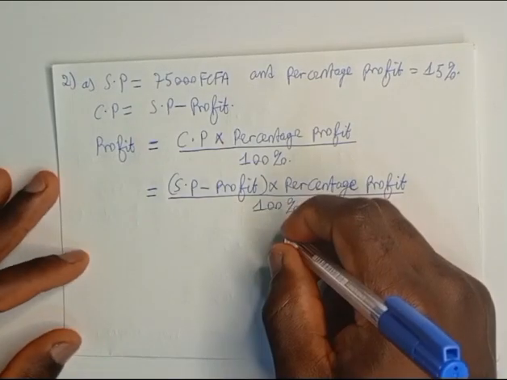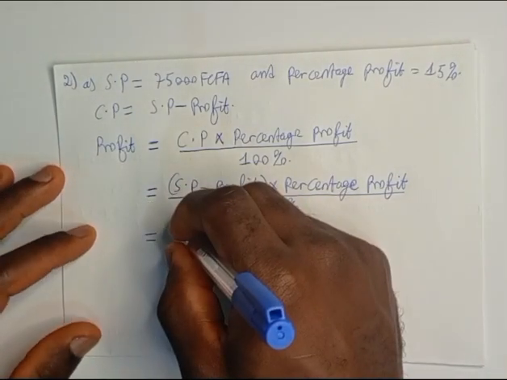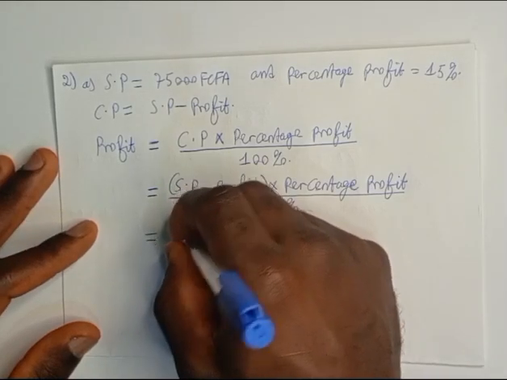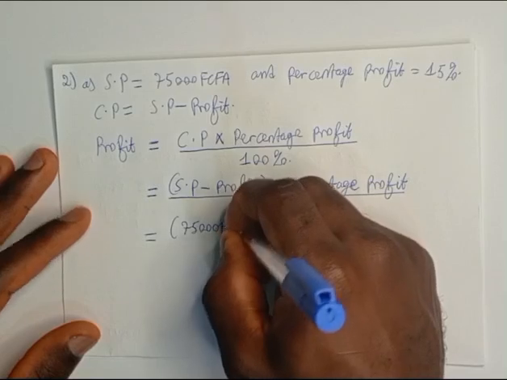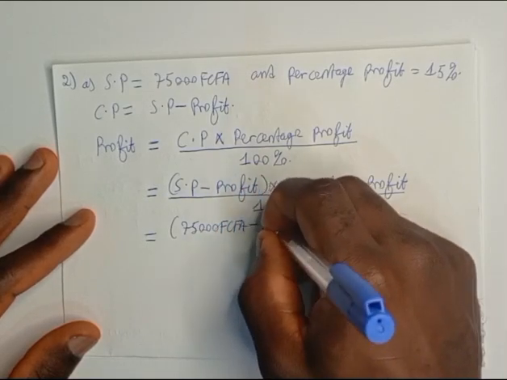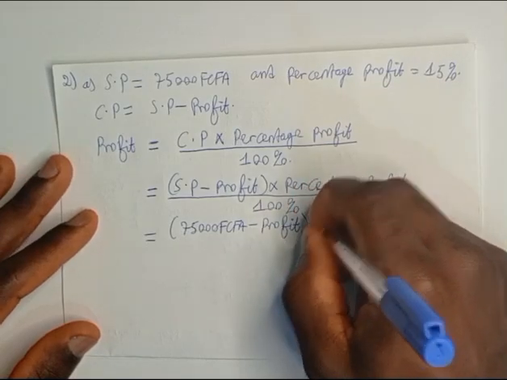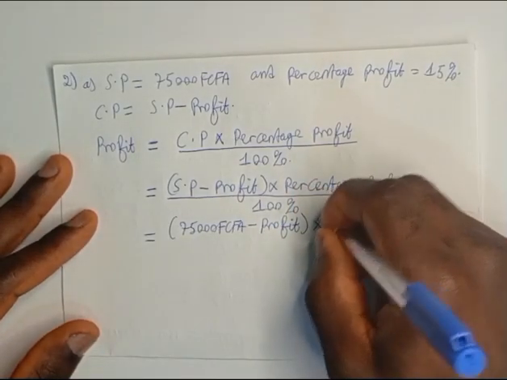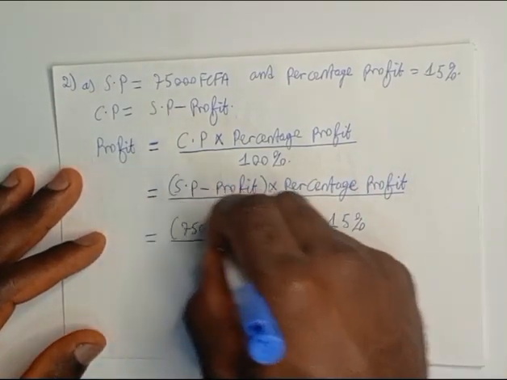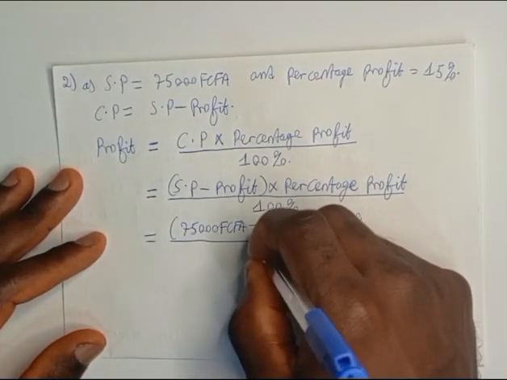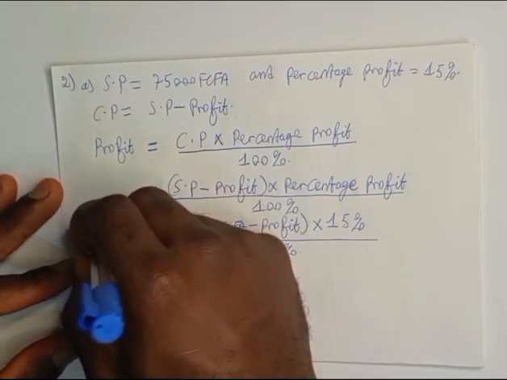So this will give us the profit to be equal to the selling price, which is 75,000 francs CFA, minus the profit, which we don't know, times the percentage profit, which is 15%. Then we divide all this by 100%. As such, we know this is for profit.